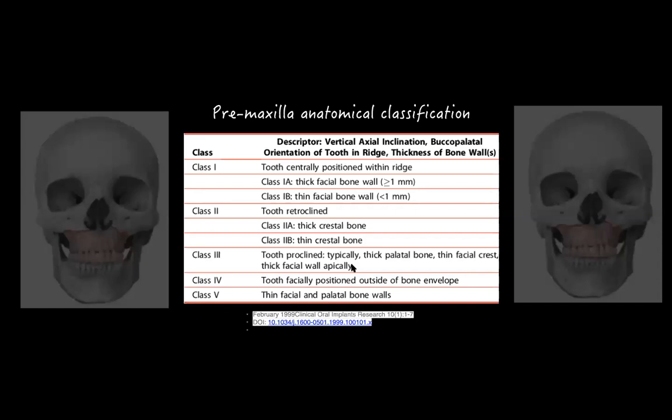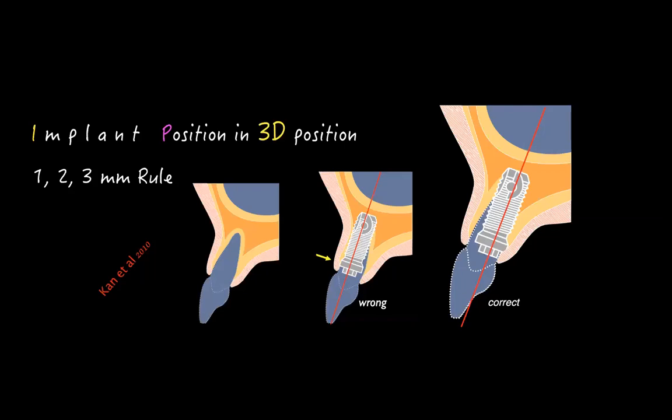Dr. Termechi, can you repeat that again? The 3 rules? I call it 1, 2, 3 because it just sounds better, but it's a 1.5, 2, and a 3. 1.5 is the mesiodistal distance between a tooth and an implant. That's how much space you should have for that implant between the tooth and an implant mesiodistally. 2 millimeter is, because this is a 3D position, where do I put it buccolingually?